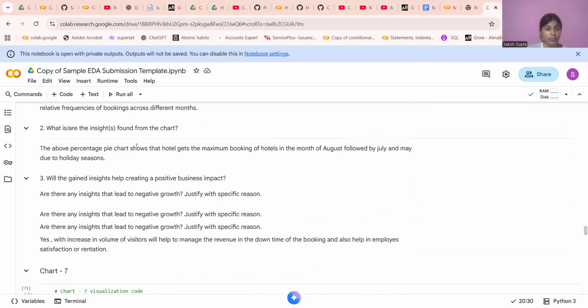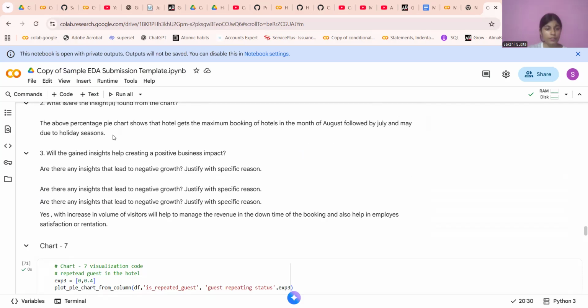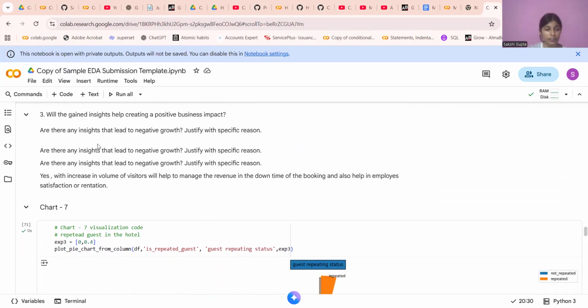Second question is, what is the insight found from the chart? The above percentage pie chart shows the hotel gets the maximum bookings in the month of August, followed by July and May, due to the holiday season. Will the gained insight help create a positive business impact?